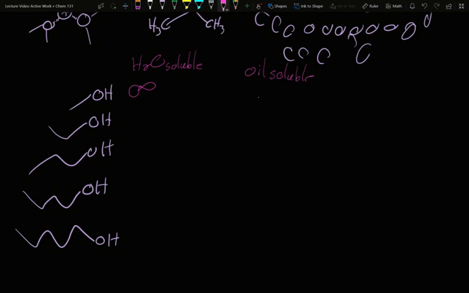It doesn't tend to go into oil very well. So we'll say not necessarily 0, but pretty darn low. Ethanol, infinitely water soluble. You can get any amount of ethanol and water to mix together. They don't dissolve too well in oils, but you can get a little bit of it. There is some hydrocarbon chain. And then propanol.